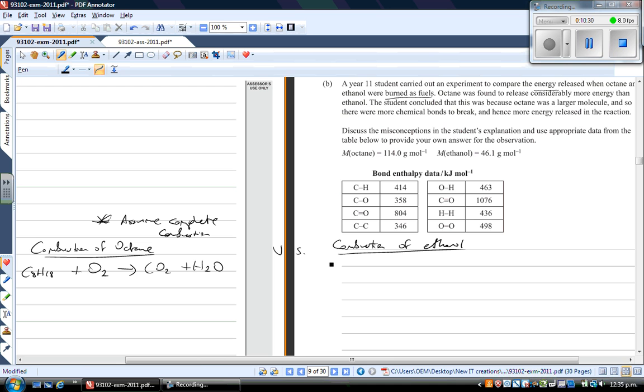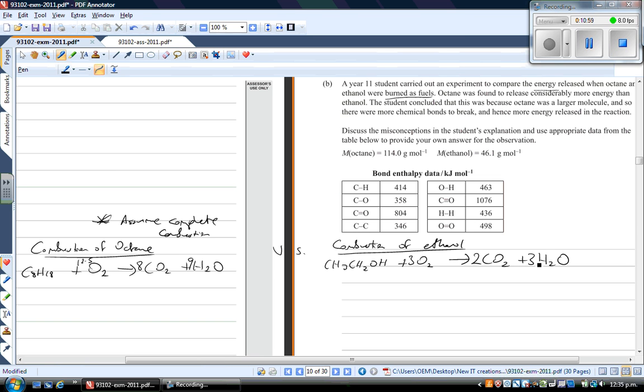For the ethanol, we have CH3CH2OH plus oxygen, and again we're getting CO2 and water if we have complete combustion. We want to balance those equations up, so we end up with 12.5 oxygens here, and 8 CO2 and 9 H2O. And then for this equation we have 3 oxygens and 2 CO2 and 3 H2O.